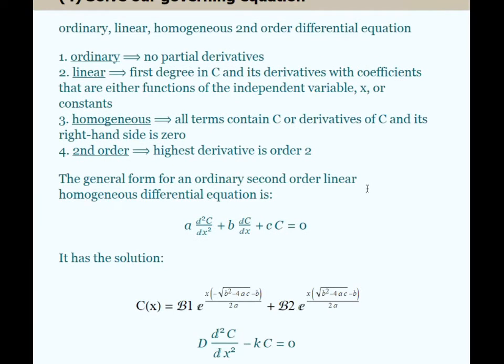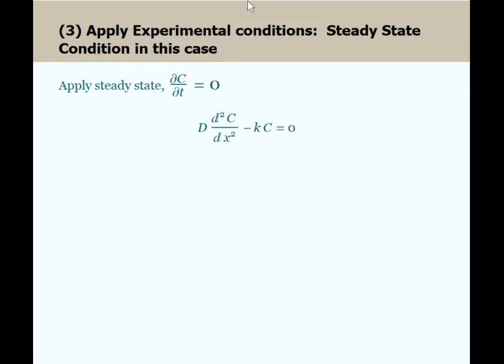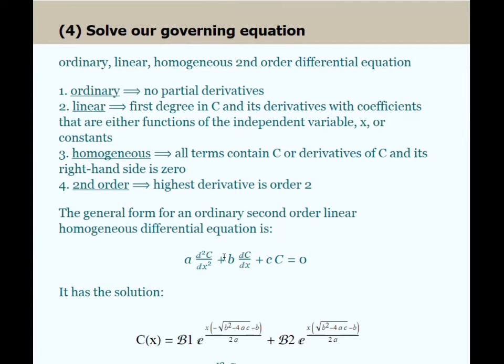That form looks just like this one, except in our case we don't have a dc/dx term. So we have a c term and a second derivative term, but we don't have a first derivative term. That's fine. That just means b is equal to 0 in this general form.